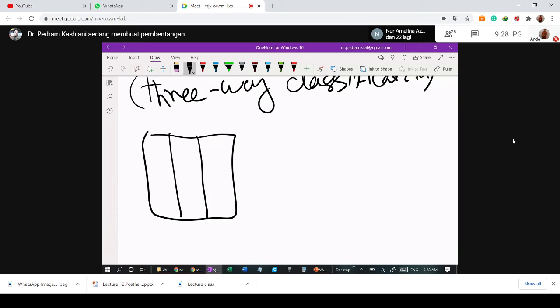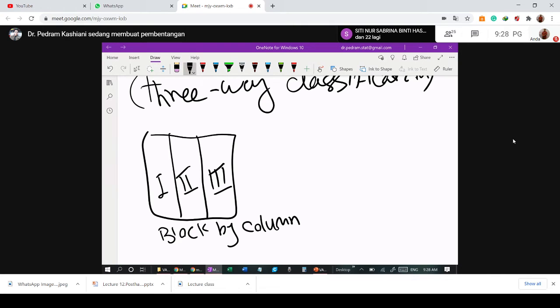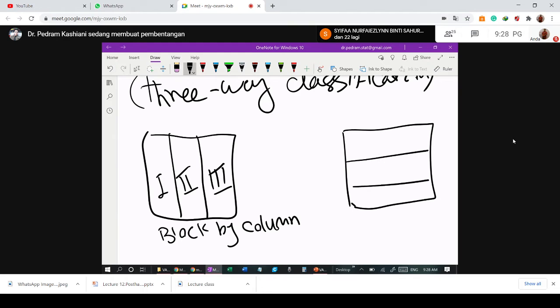This is block 1, this is block 2, and this is block 3. I call this block by column. Then I block in the other direction, and I call it block by row.